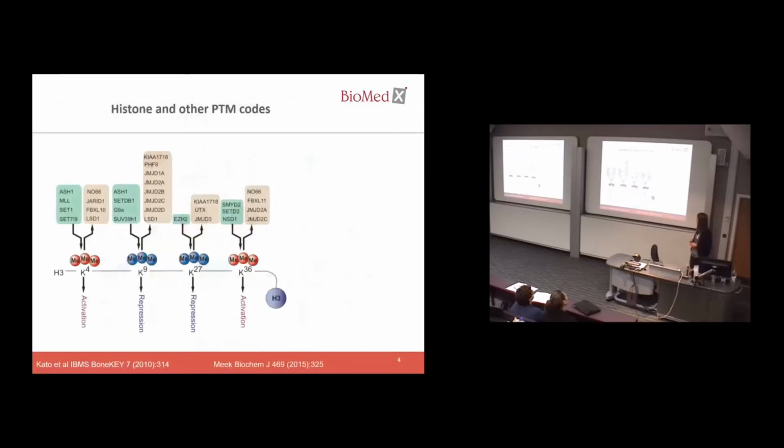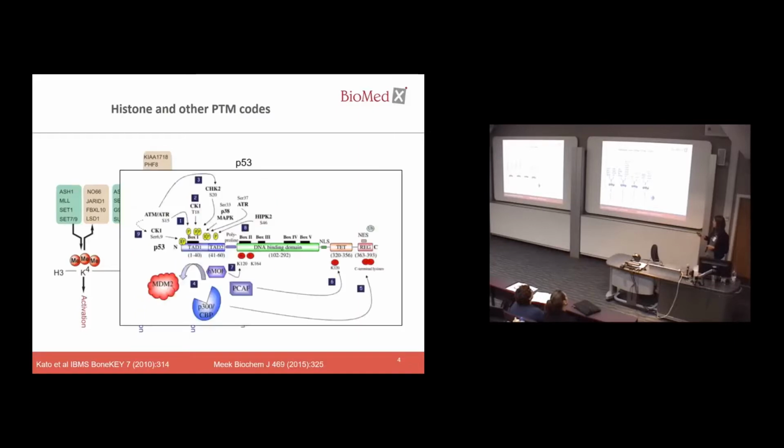One very famous example is the histone code, where you can have very different modifications on mostly lysines of the histone tails that will lead to either activation or repression of gene expression, depending on the readers that will interpret this code.